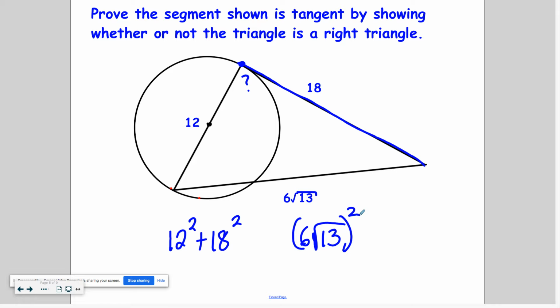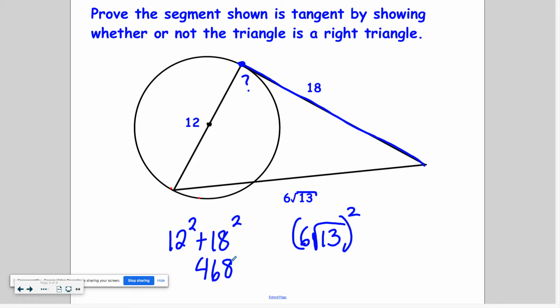If they are equal, then we can say we have a right angle. If the hypotenuse side becomes bigger, then we can say we have an obtuse triangle. And if the hypotenuse side is less than those two added together, then I'll have an acute triangle. Let me do my calculations here quickly. The left side, you get 468.